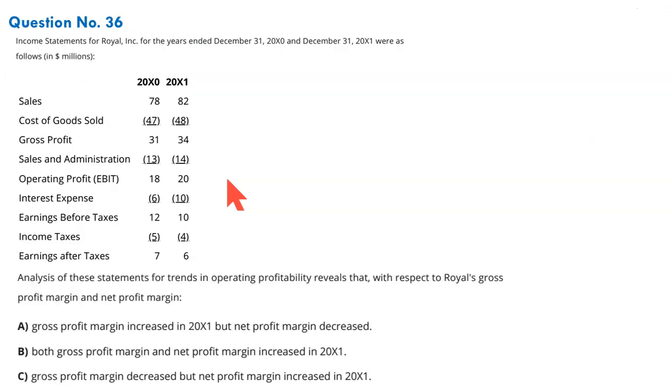Now this question looks a little bigger. Again, what is needed? Analysis of this statement of trends in operating profitability reveals that with respect to Royal's gross profit margin and net profit margin, we have been given 2 years, and we are most probably required to assess the trend. 2 years are given: 2000x0, 2000x1.